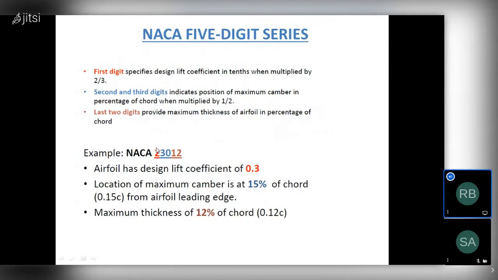Okay, so here NACA 5 digit aerofoil, you write it like this: 23012 or 12015.